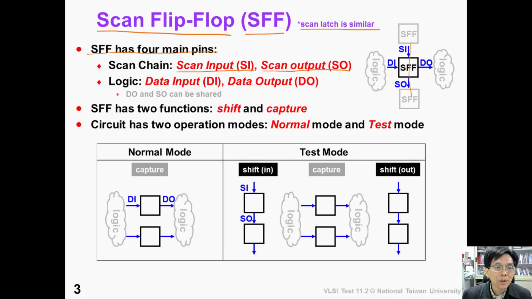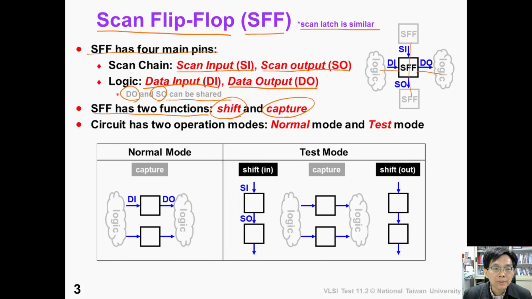Then we also have a data input pin DI and a data output pin DO. These two pins are used to connect the scan flip-flop from and to the logic. Please note that the DO pin and the SO pin can sometimes be shared as the same pin. A scan flip-flop has two functions. It can perform a shift or a capture.